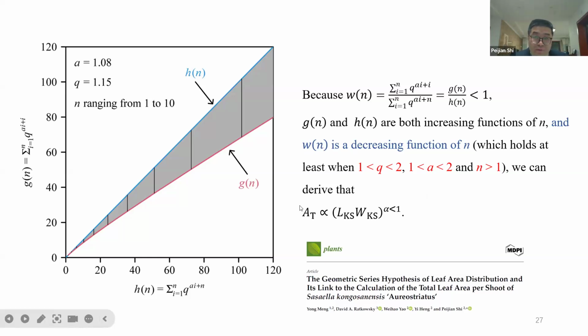So we can derive that the power should be smaller than 1, because we fixed Q to be a constant.